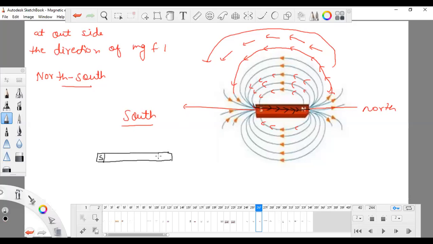This is the south pole and this is the north pole, and we see the direction like this. Outside it is from north to south, and if I complete this in this manner, we can say the direction is south to north inside.